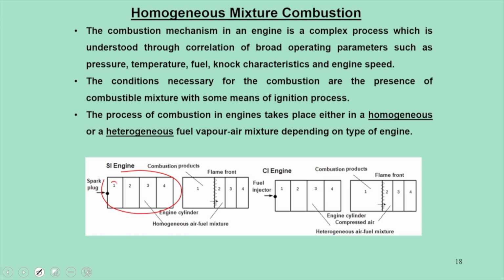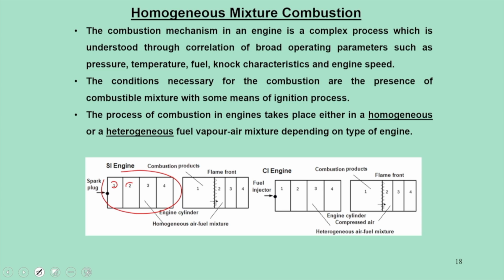Initially zone 1, zone 2 and zone 3 are at the same pressure and temperature. Once you create a spark, in zone 1 the pressure and temperature shoot up, because the flame generates and tries to propagate.